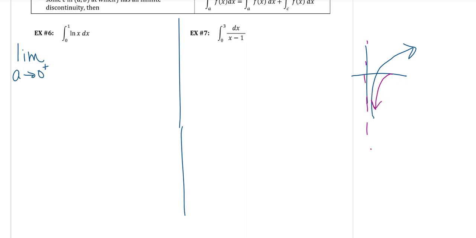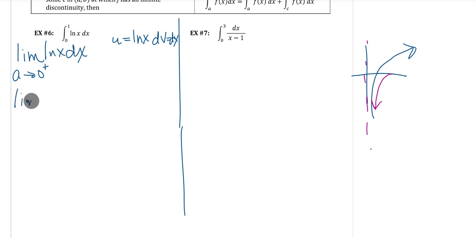So then I'm going to integrate ln of x dx. And I'm not going to go into a lot of details. I'm just going to let you know that I'm going to let u equal ln of x, and dv equals dx. And so this is an integration by parts.